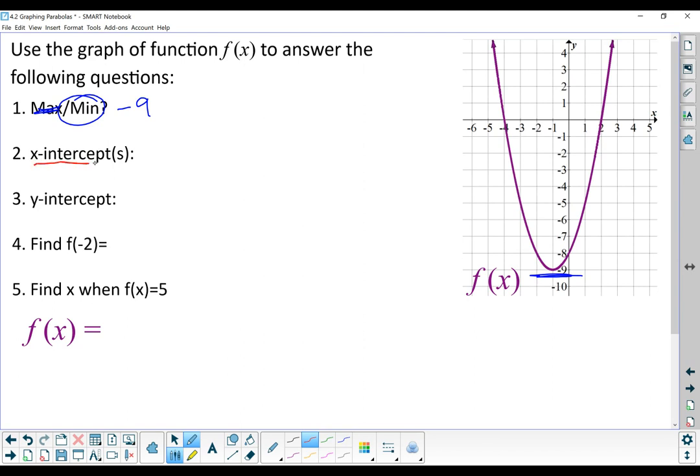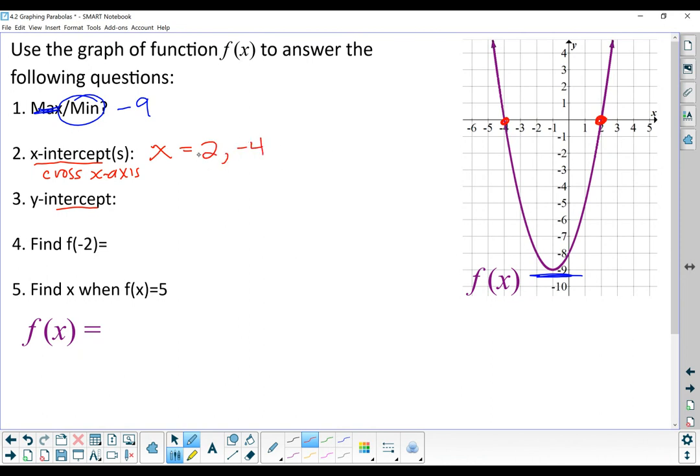Now, we haven't talked a lot about intercepts yet this year, but you should be familiar with those from a prior class. So the x-intercepts are where it crosses the x-axis. So if we look at the x-axis, we have intercepts here and here at 2 and negative 4.